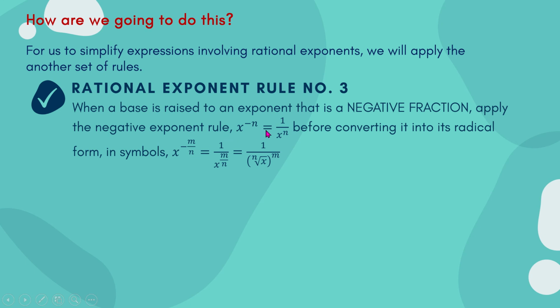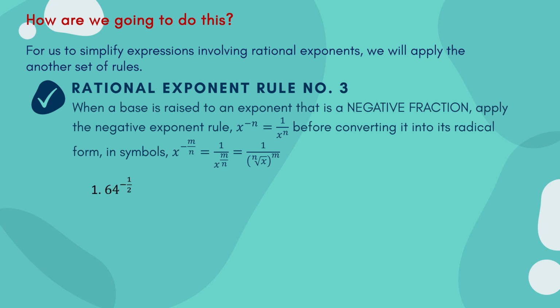Following negative exponent rule is equivalent to 1 over base x raised to positive m over n, and that is finalized as 1 over anaso sa radical symbol, writing into radical form anaso sa radical symbol is ang base x, wherein ang atong denominator n will be our index and the numerator m will be our exponent outside the radical outside the parentheses. If you will recall, naano siya sa rule number 2. Rational exponent rule number 2.